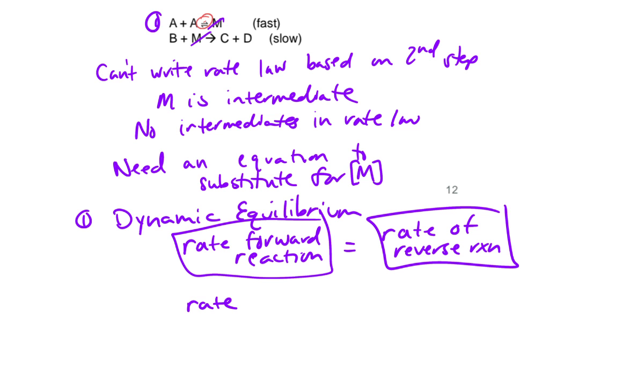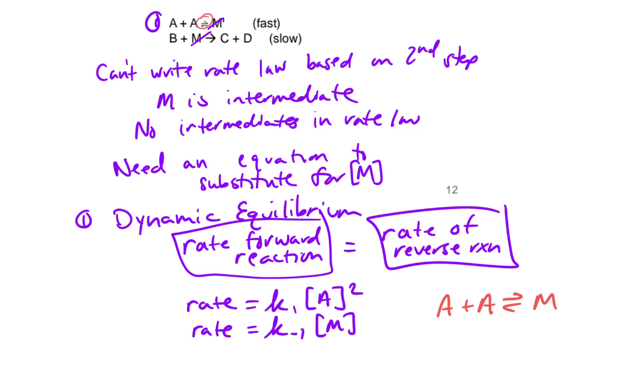Rate for that first step, forward direction, equals K1 times A squared, or A times A. For the reverse reaction, M decomposing into A plus A, rate equals K, and I'm going to use -1 to represent the reverse reaction, times M. All of this is coming from A plus A in equilibrium with M. K1 represents the rate constant in the forward direction, and K minus 1 represents the rate constant in the reverse direction.